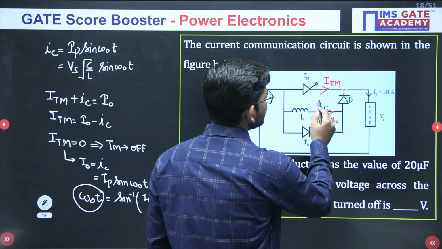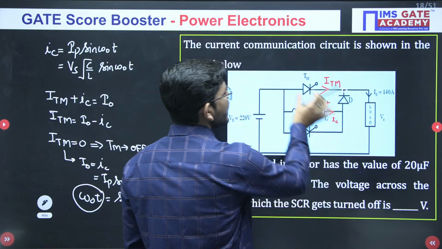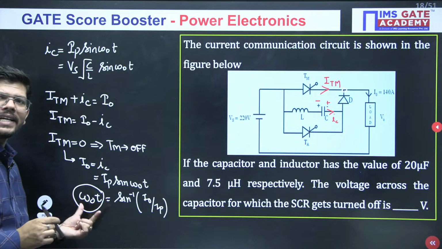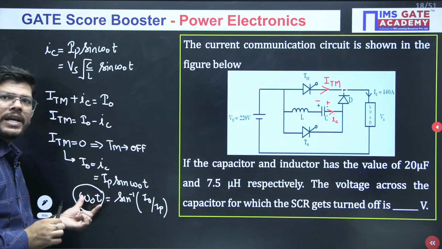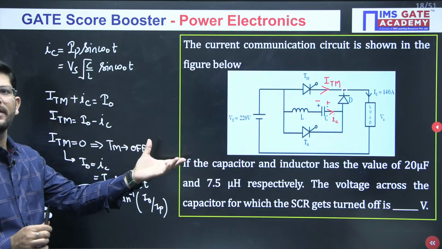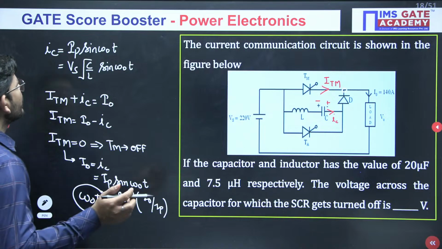So the capacitor might have a reverse polarity at that time, and that's why the thyristor is turning off. So during that instant, what could be the voltage applied across the thyristor by the capacitor? This is what you have to calculate.